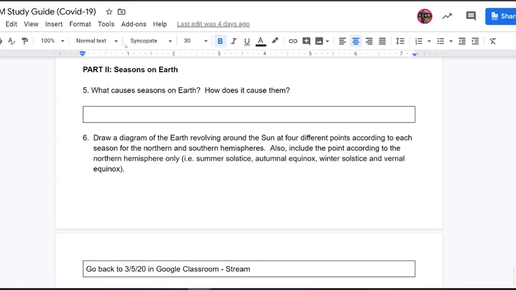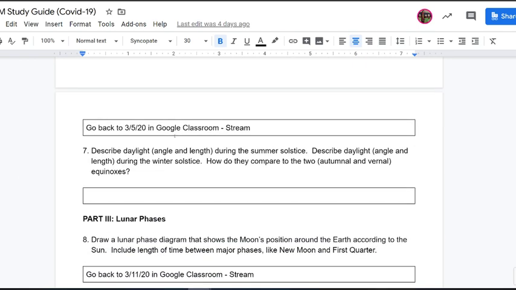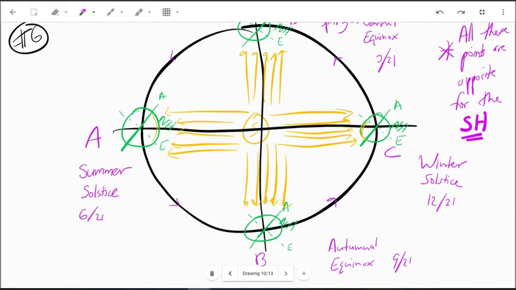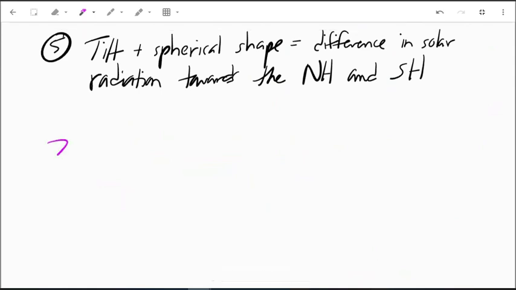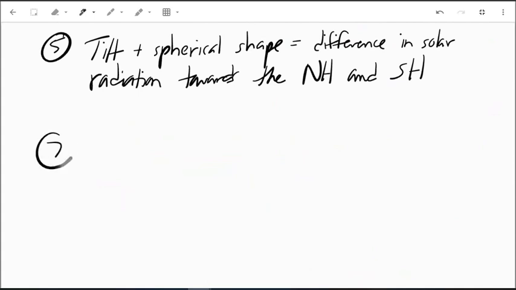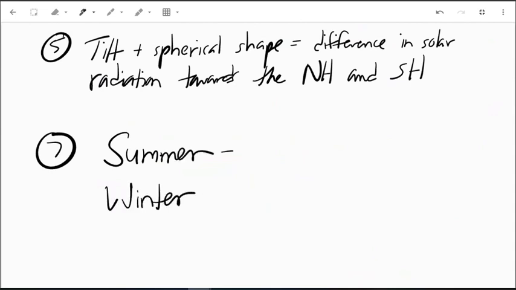That was number 6. Number 7, describe daylight angle and length during the summer solstice and then winter, and how does that compare with the others? I'll go back to this one. Summer, winter. What are the ingredients?